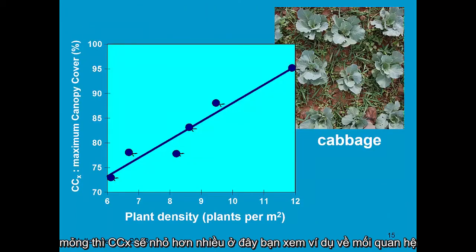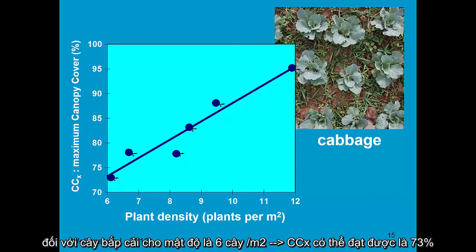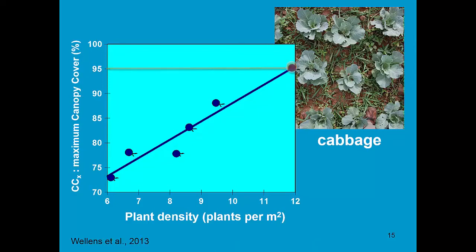Here you see an example of the relation between plant density and the maximum canopy cover reached in the mid-season for cabbage crops. For plant densities of 6 plants per square meter, CCX that can be reached is something like 73%, while if you put 12 plants per square meter, CCX is already something like 95%.